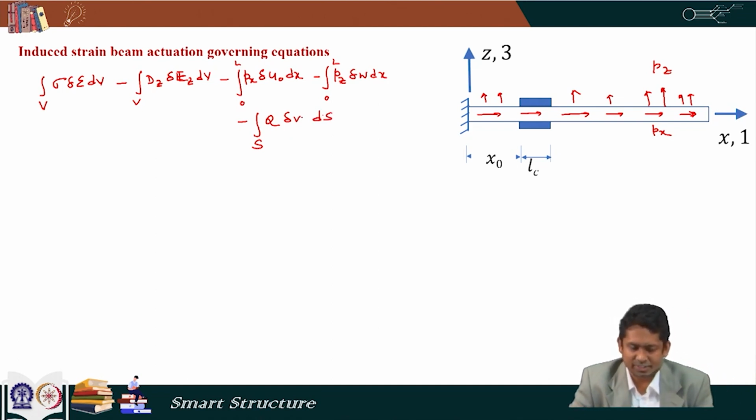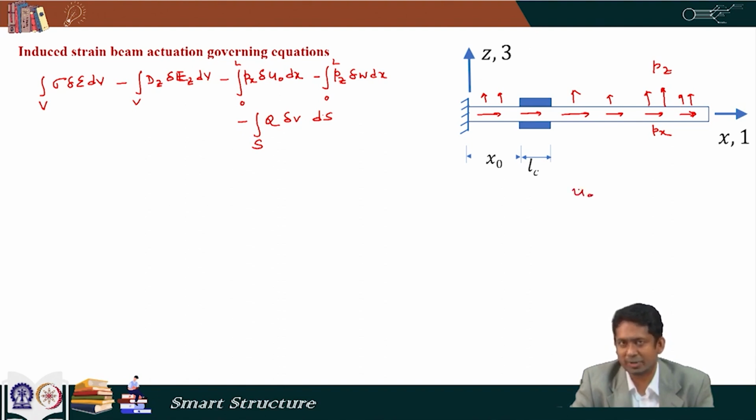So to understand this, in this problem we have the piezoelectric patches and they can be actuated with voltage, and there can be external loads which are shown as Px and Pz. And as we have seen, depending on the forces and depending on the type of actuation, there can be extension as well as vertical displacement.